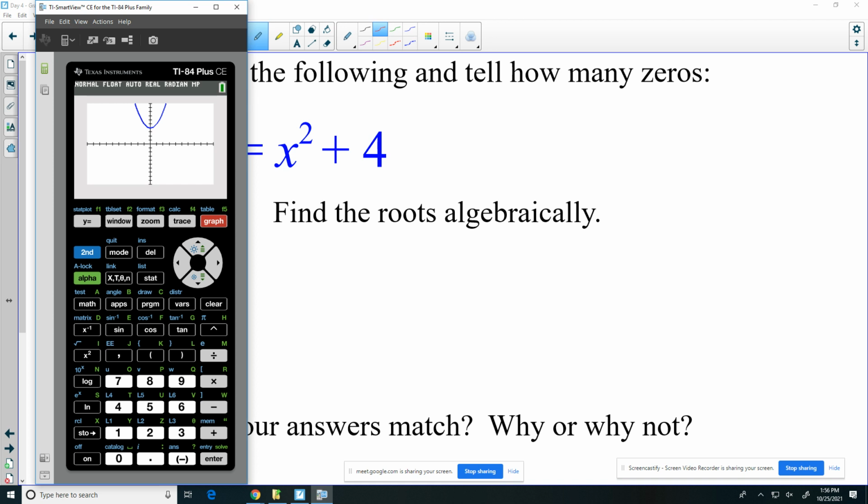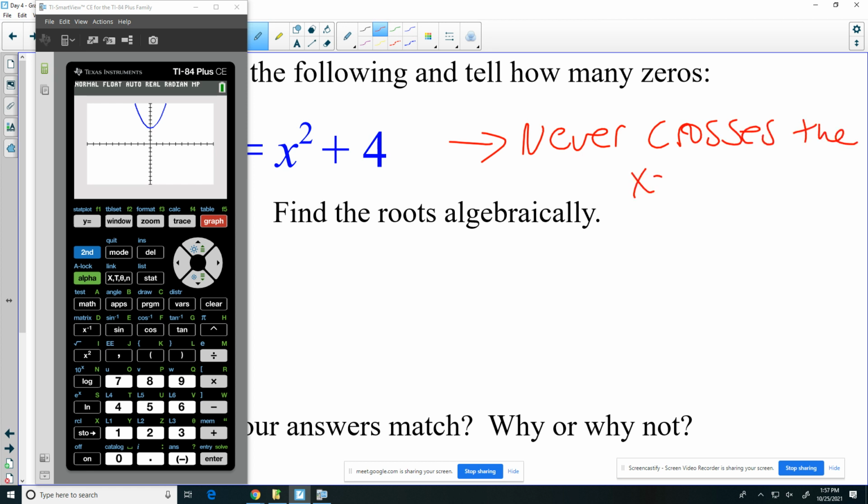How many times does this graph cross the x-axis? 0 times. It never crosses the x-axis. What kind of roots does it have if it never crosses the x-axis?